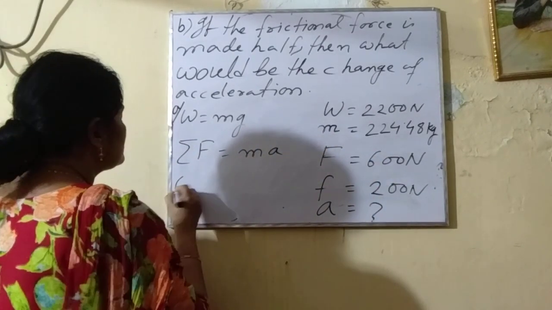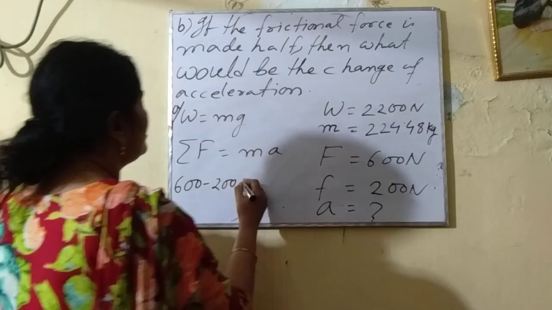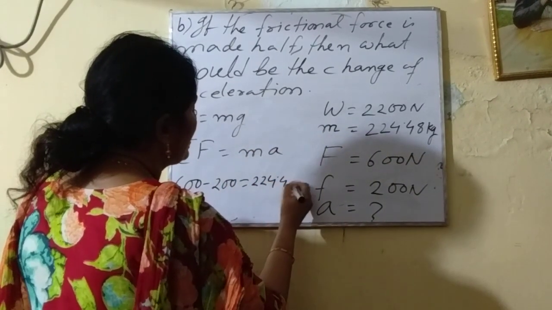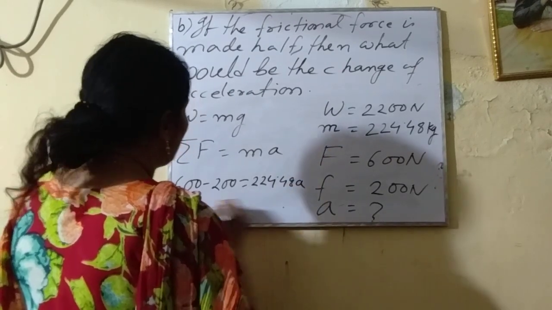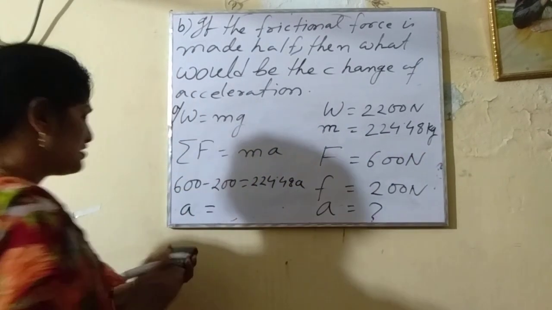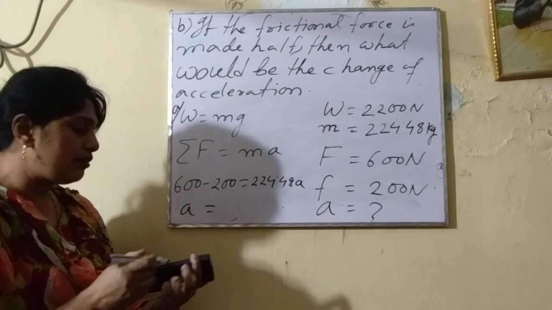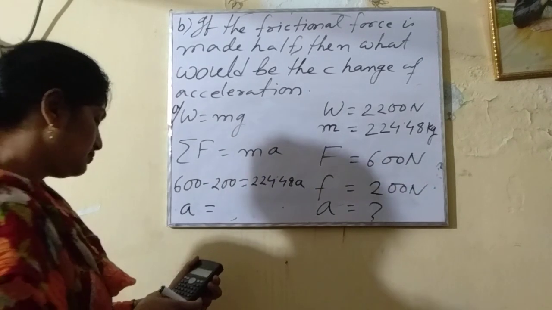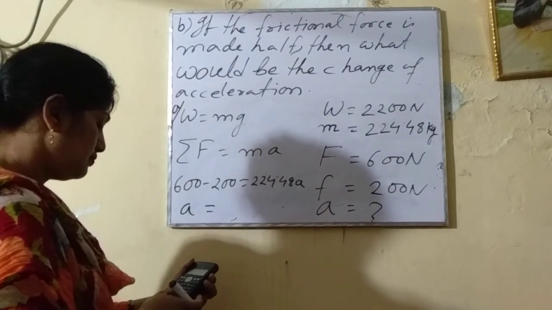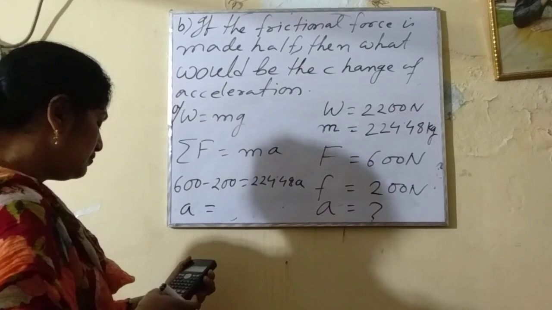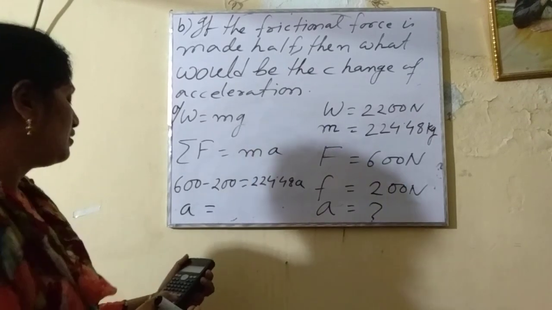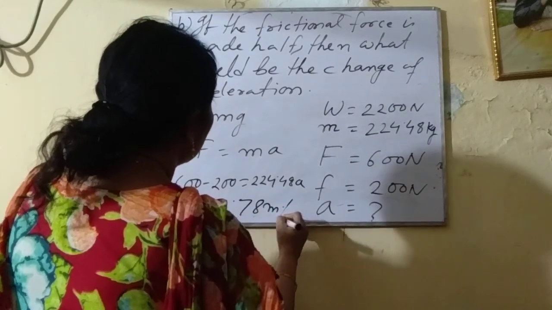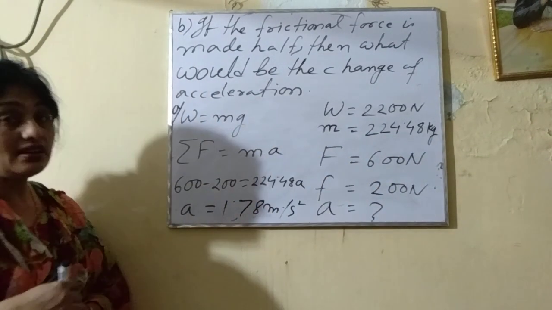So you can write 600 minus 200 equal to mass, 224.48, into a. From here, a equal to what? Can you calculate? Who can calculate before me? I want to see. a is equal to 1.78 meter per second square. Do you understand the math?